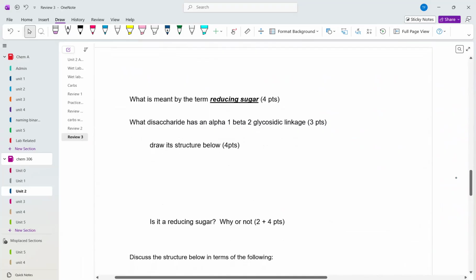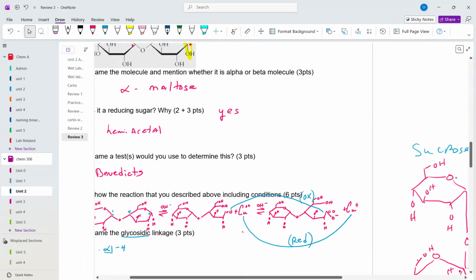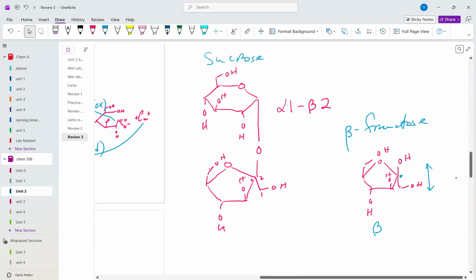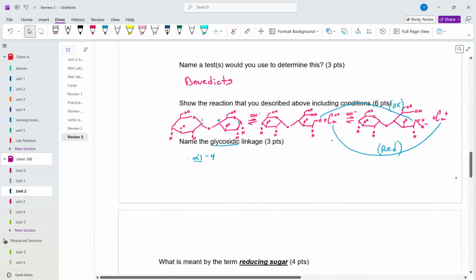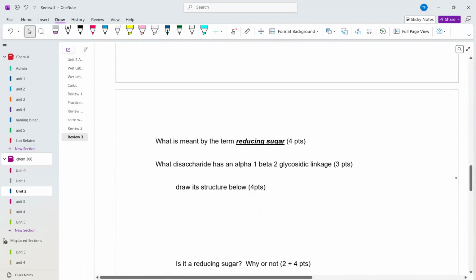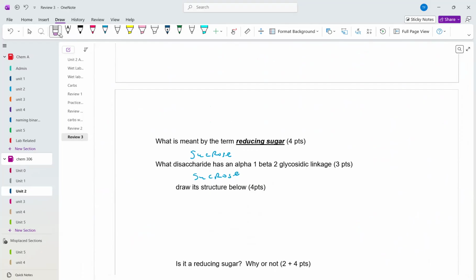Okay, so what disaccharide has an alpha 1 beta 2? Sucrose. What is meant by the term reducing sugar?